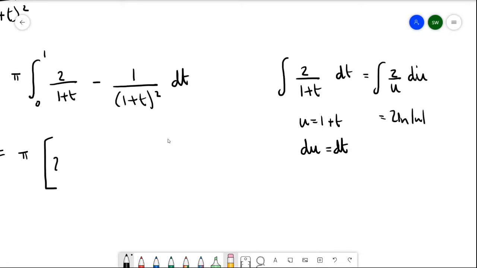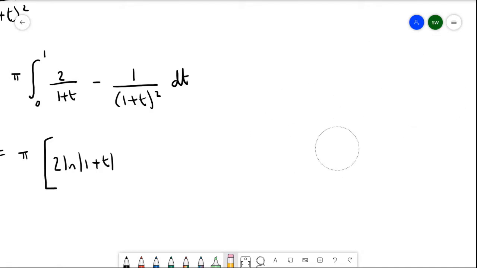So this integral is going to be 2 log of (1 + t), and you definitely don't need to go through this formal process of substitution each time. You can just remind yourself that when you've got a linear substitution like 1 + t, you end up dividing by the derivative of 1 + t, and the derivative of 1 + t was just 1.